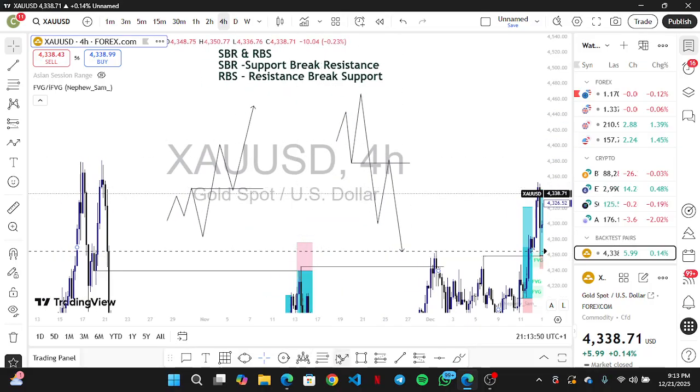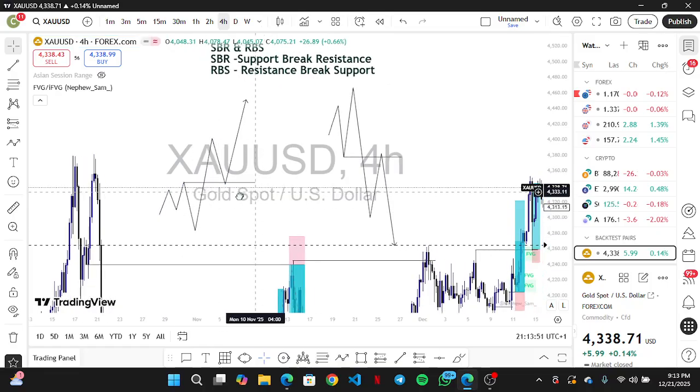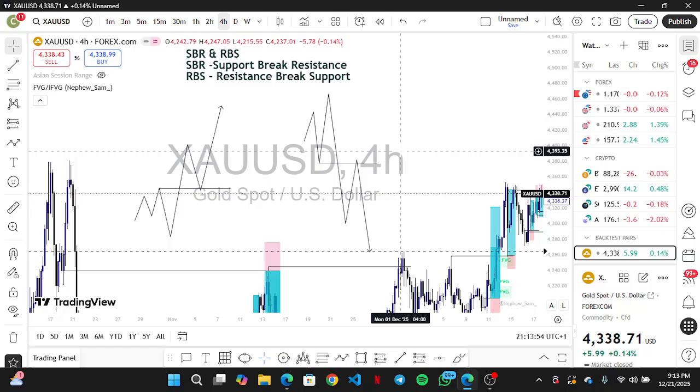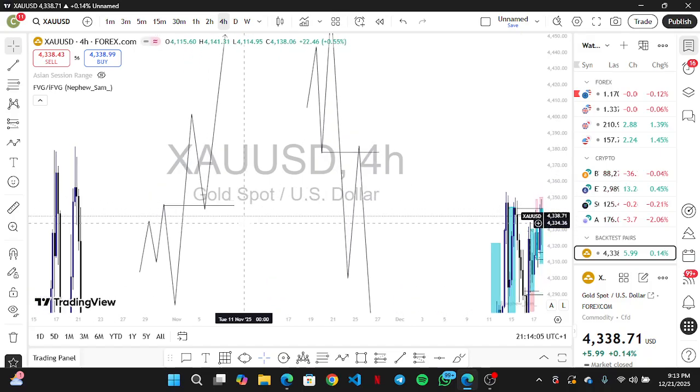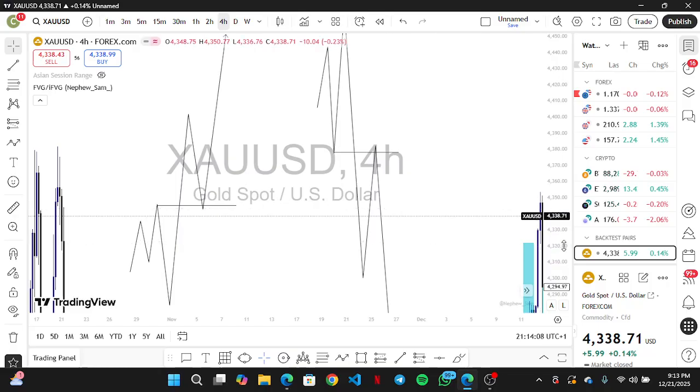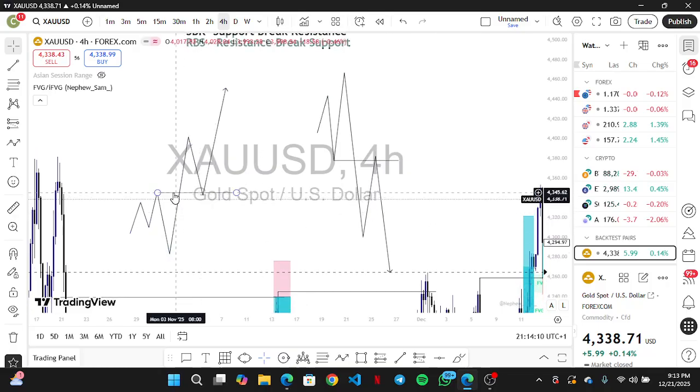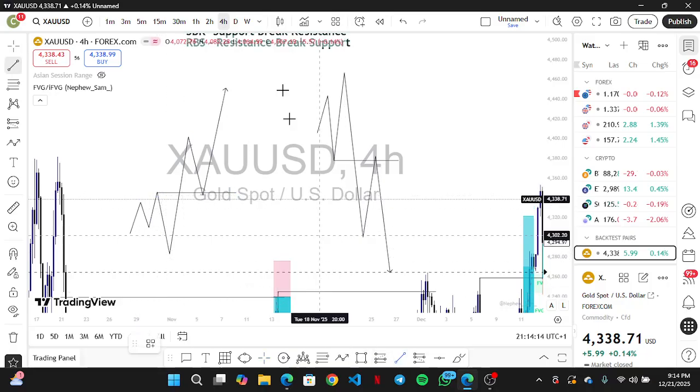So now this is a model, and I have to break down some things to you guys. The first thing you need to note is that in order for the RBS or SBR to be strong, price should have created a break of structure to the opposite side, which is here. This is a break of structure here.